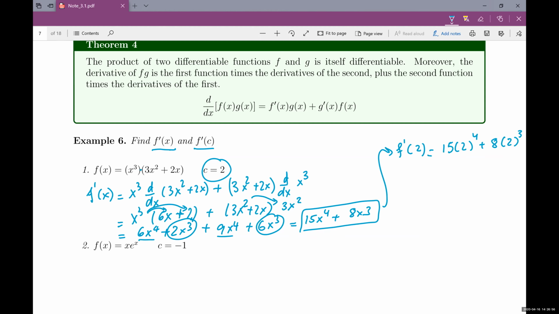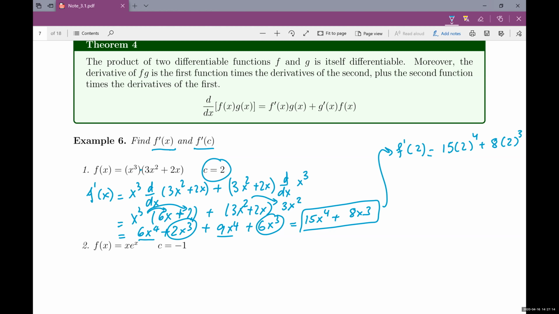And I just put it in the calculator and calculate this. So the idea is first you find the derivative of the function using the product rule. And once you have the derivative of the function as a function, then you can find the derivative of this function at any given point.